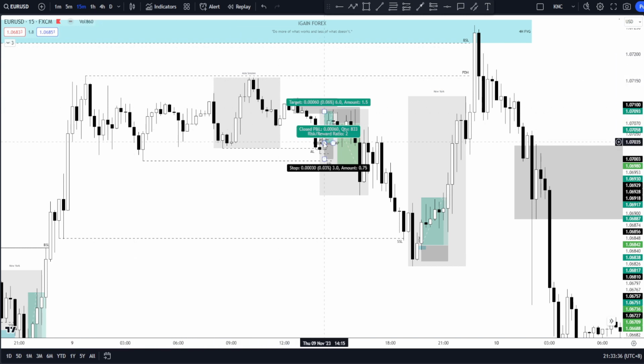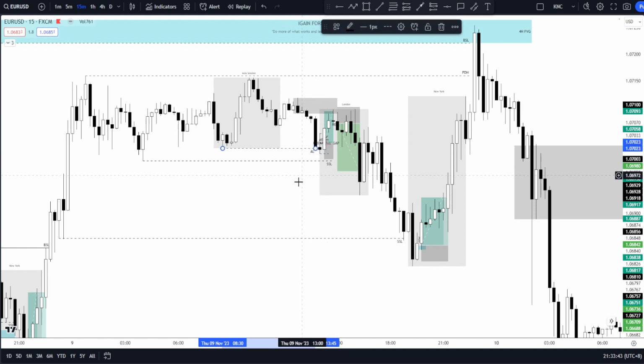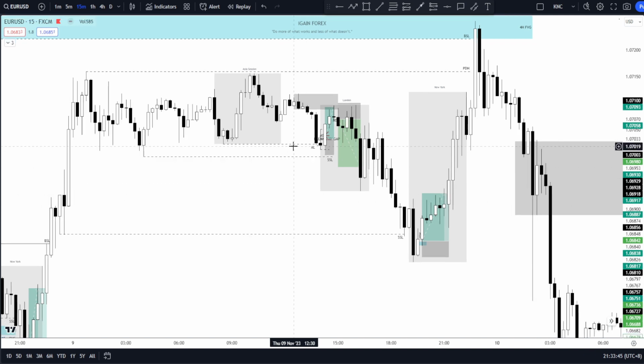So on our first trade, let's go down to the 1 minute time frame as the price taps this Asia low.